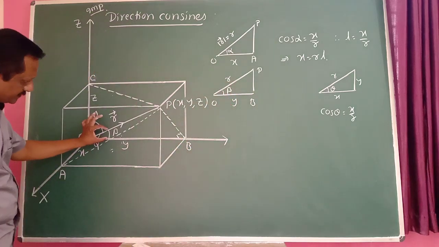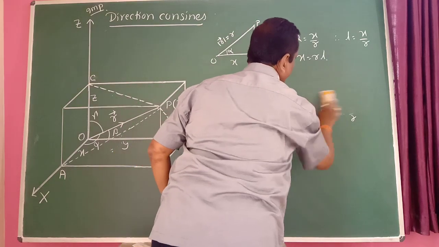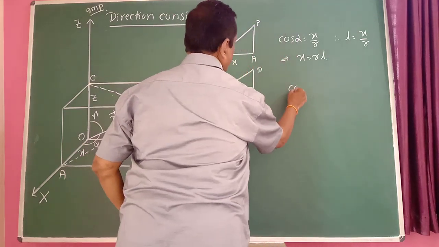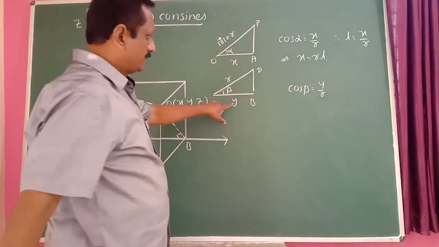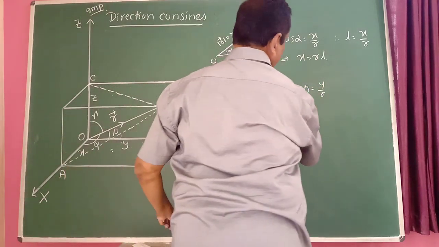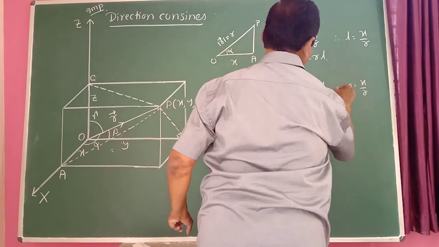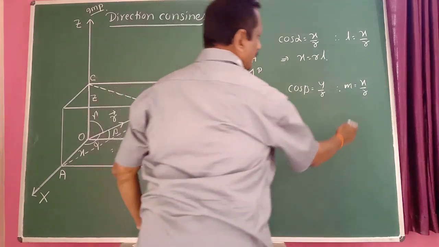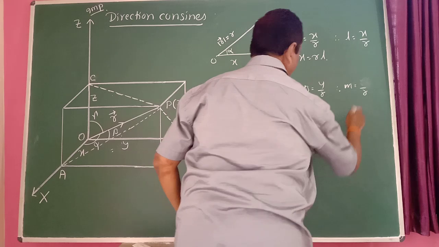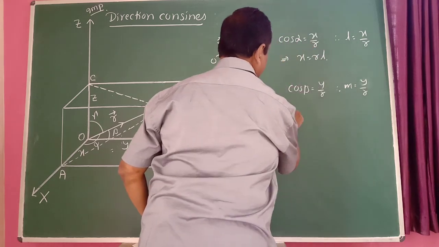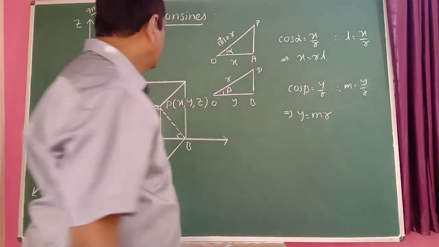Therefore, from trigonometry, cos beta is y divided by r, y upon r, and cos beta is denoted by M. So M is equal to y upon r. Take r this side. Therefore, y is equal to M into r.